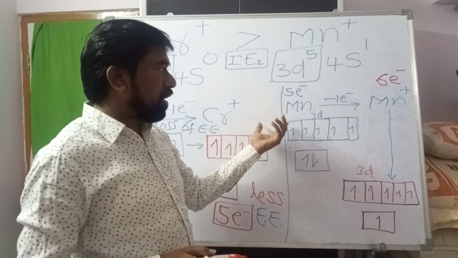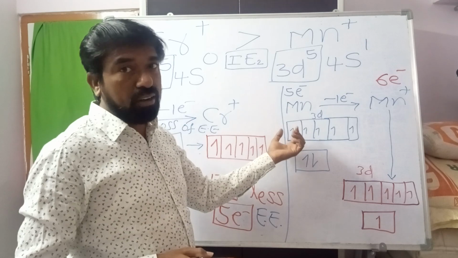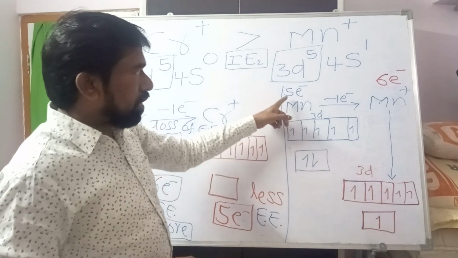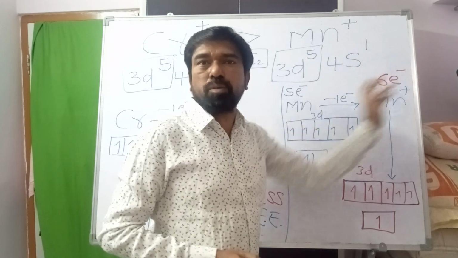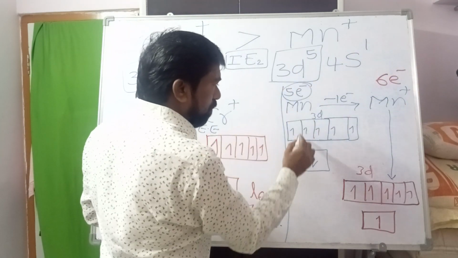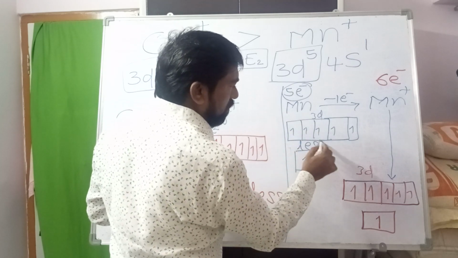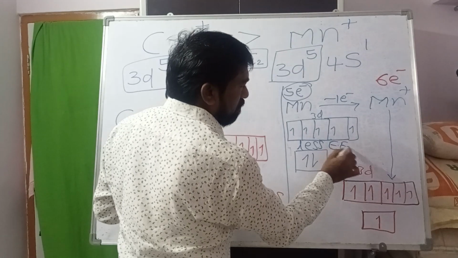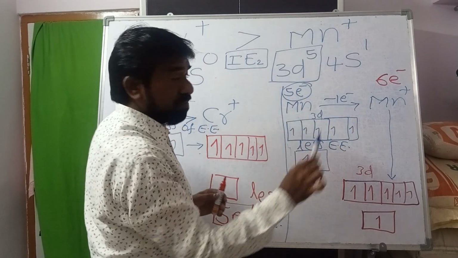We know that exchange energy is directly proportional to the number of electrons with parallel spin. Here 5 electrons have parallel spin, here 6 electrons have parallel spin, but 5 is the lesser number. Therefore, manganese has less exchange energy because the exchange energy comes from 5 electrons only.